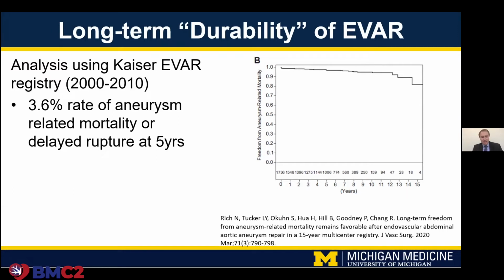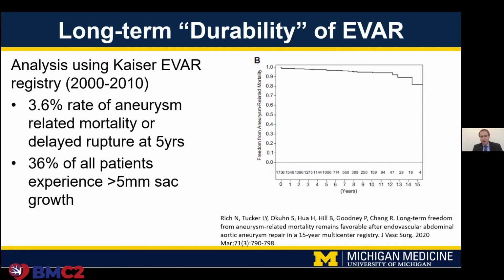Investigations into why this initial upfront benefit of endovascular repair did not persist long-term demonstrate that patients who underwent endovascular aortic aneurysm repair still had a long-term risk of aneurysm-related mortality over the course of their lifetime. Indeed, as shown in this study, which tracked 1,700 patients over a 15-year time period, they found that 3.6% of EVAR patients actually suffered an aneurysm-related mortality or delayed rupture, even though they were supposedly repaired by an endovascular aortic aneurysm device.